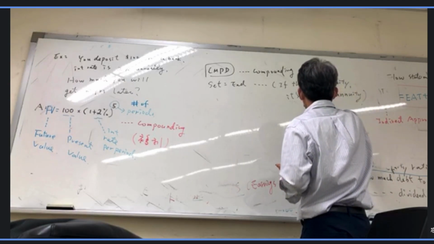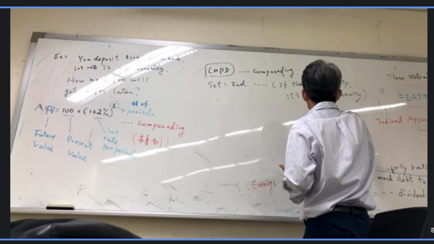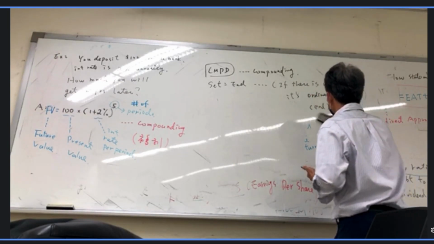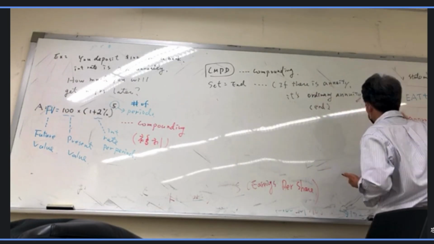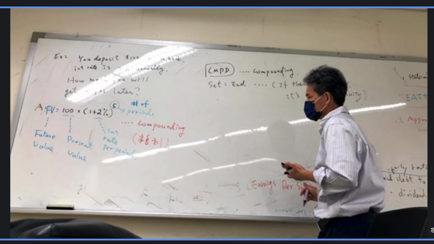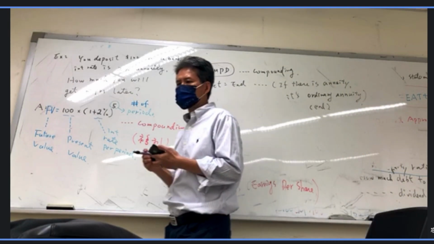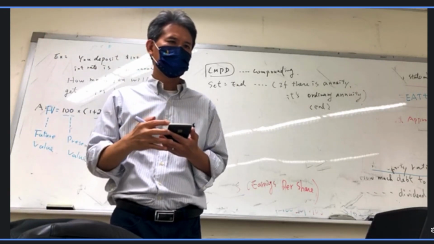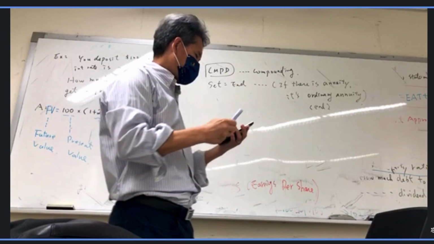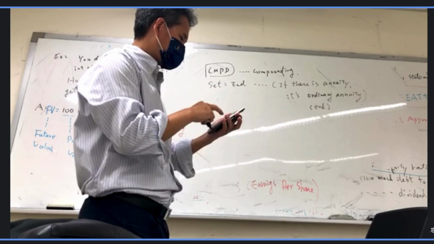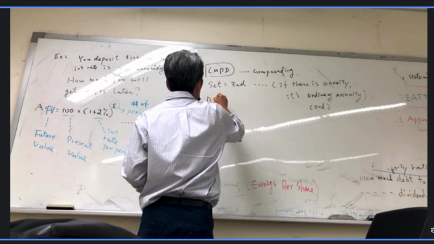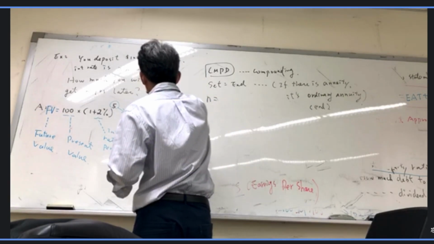What means ordinary? Means to be paid or to receive at the end. It's called an ordinary annuity. We will introduce the annuity later. Okay, so what's next? Which is n is the number of period.